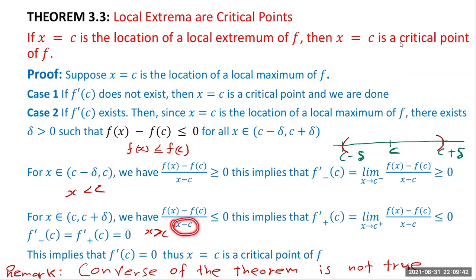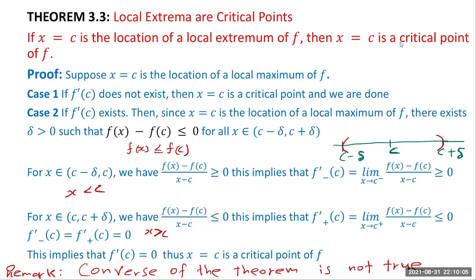But what about your denominator? This time your denominator is positive because your x is bigger than c. So x minus c is positive. This quantity is less than or equal to 0. Your denominator is positive. That means this whole thing has to be less than or equal to 0.